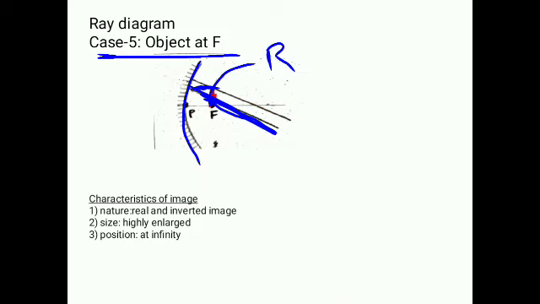So the ray which is coming from the tip of the flame of the candle and moves towards the mirror, and here it will get reflected in such a direction that it passes through center of curvature.